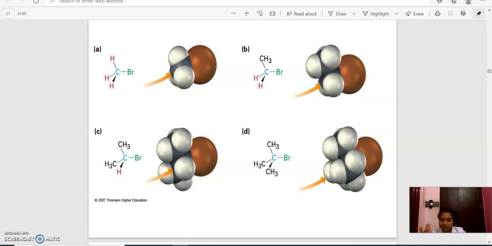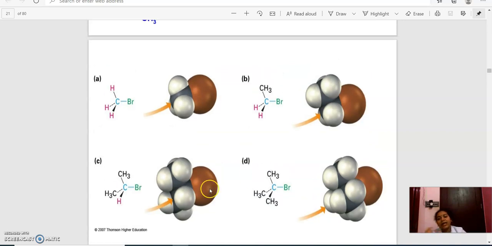So there are different names, and we studied the naming already. If we check the first one, it is methyl. Here the carbon is attached to hydrogens. We know that hydrogens are very small and less bulky.